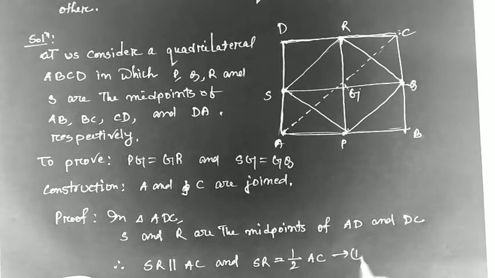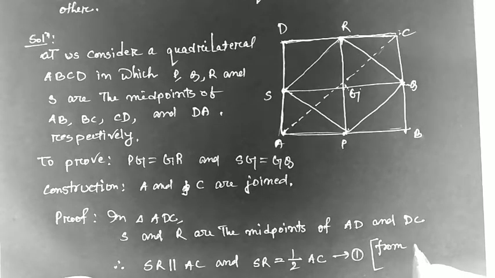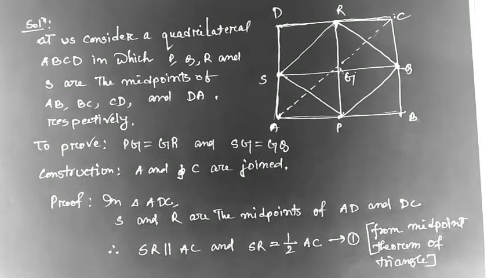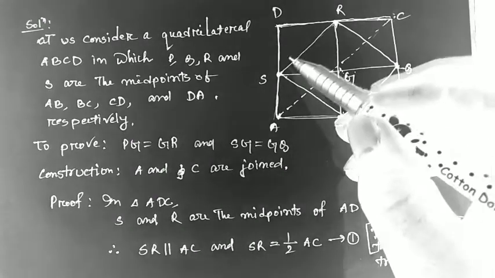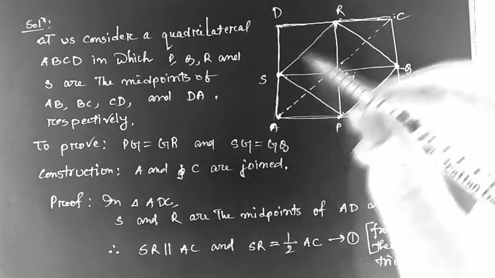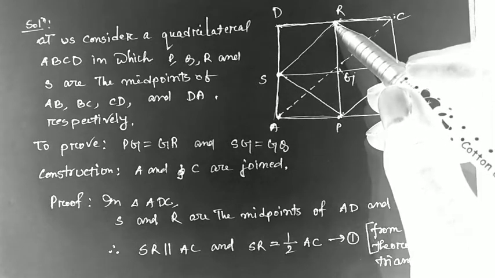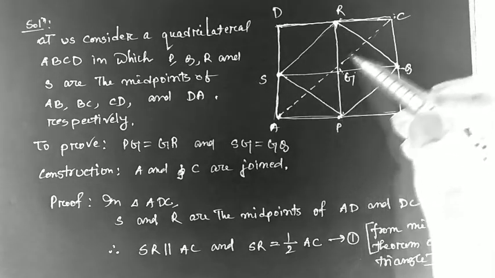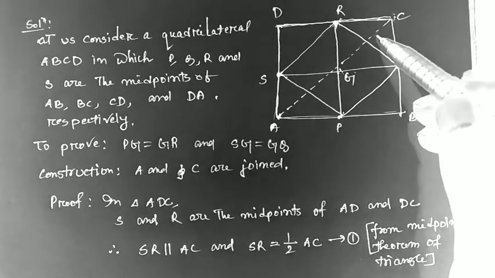From where do we get it? From the midpoint theorem of triangle. We can write this because these are the midpoints, so the line joining the midpoints is parallel to the third side, AC, and half of the third side. This is equation number 1.